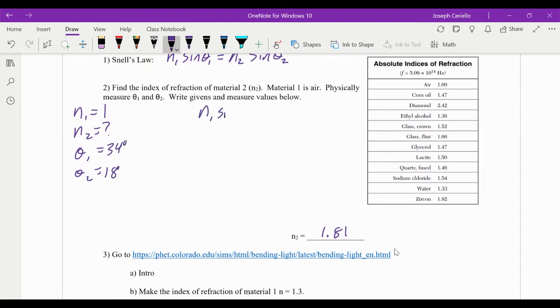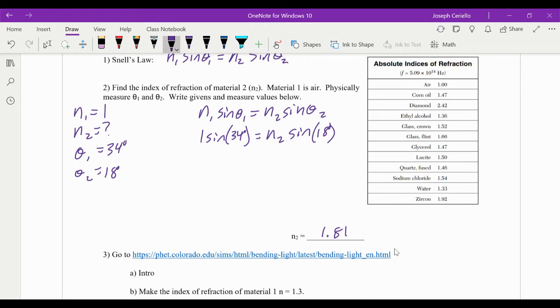So we have n1 sine theta 1 equals n2 sine theta 2. So we have 1 sine 34 equals n2 sine 18.